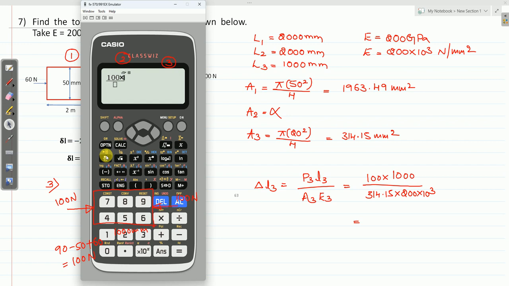So 100 into 1000 divided by 314.15 into 200 into 10 raised to 3. So you will get delta L3 as 1.59 into 10 raised to minus 3 millimeters.